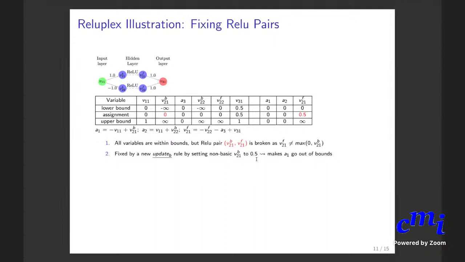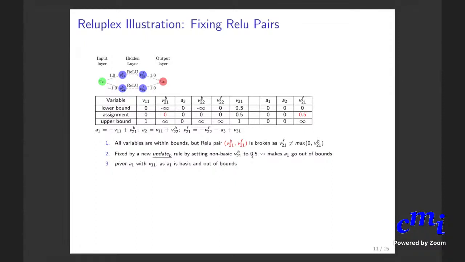Let's suppose that V21B is changed to 0.5. Then you will see that if V21B is changed to 0.5, A1 will violate its bound because this equation will not hold anymore.